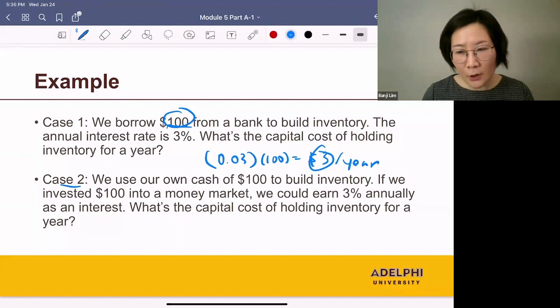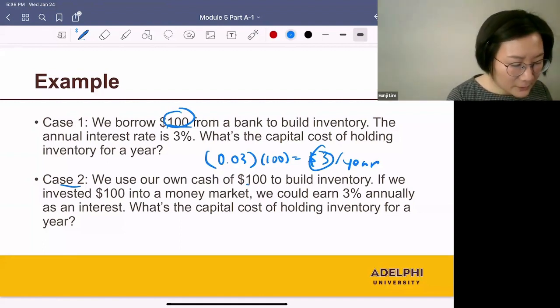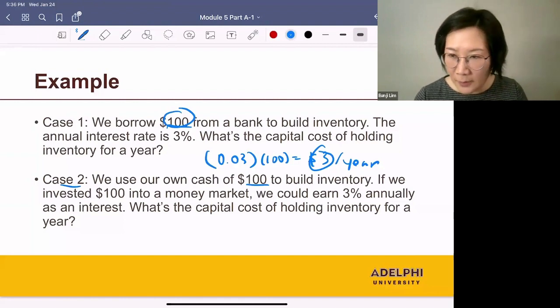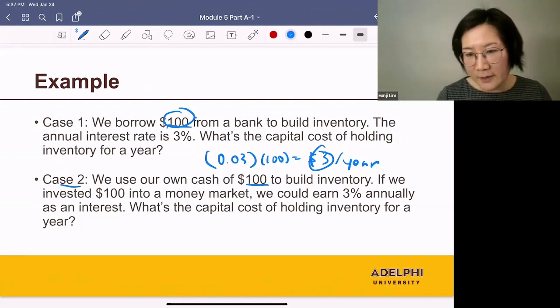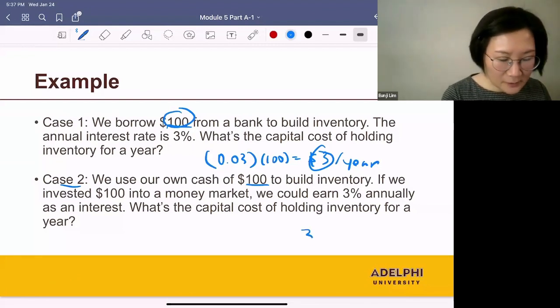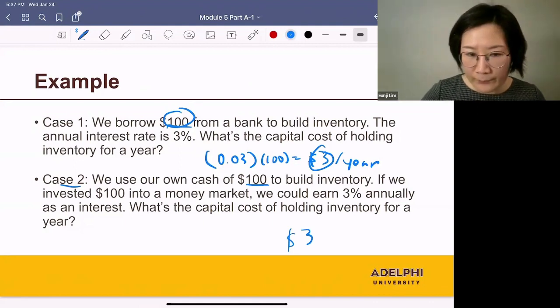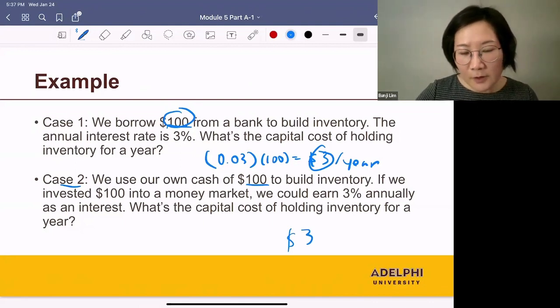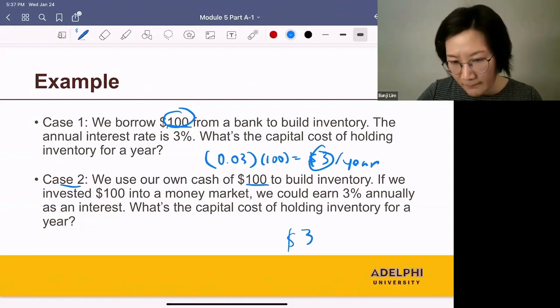The answer is no, because if we invested this $100 into a money market instead of buying inventory, we could have made interest income. If the annual interest rate is 3%, you could have made $3 a year as interest income. But since you used your money to build inventory, you cannot make this interest income.